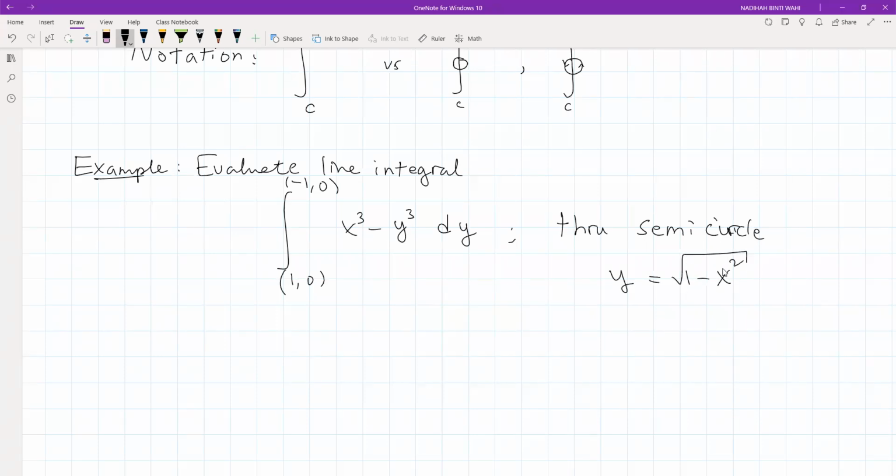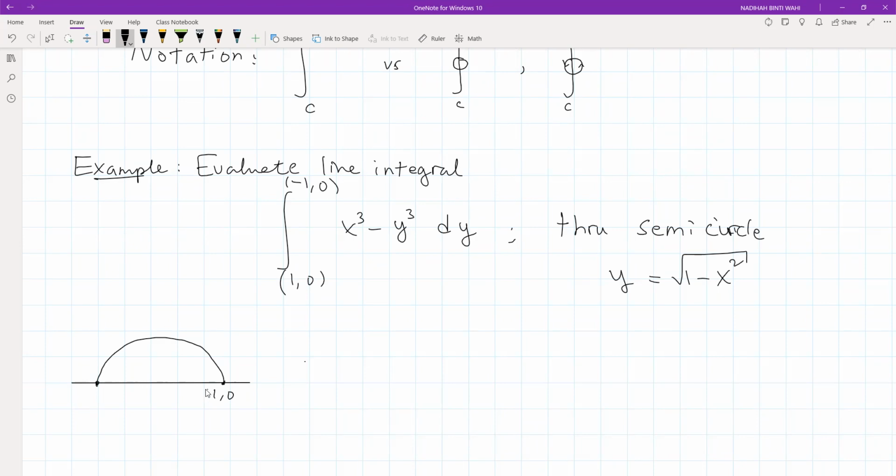Okay, so if you sketch this on the xy plane, simple one. Okay, so the point 1, 0 is right here.